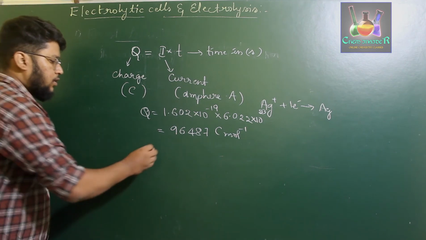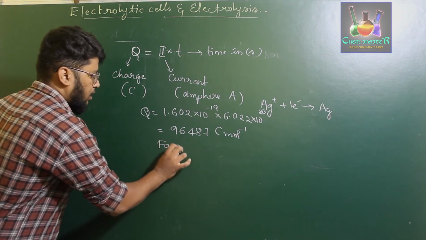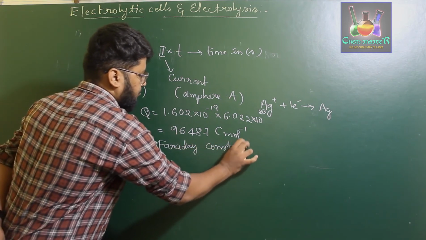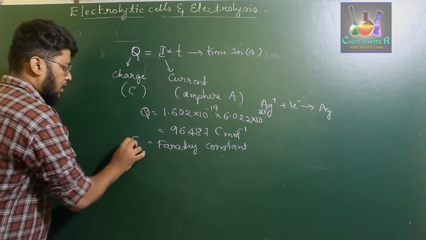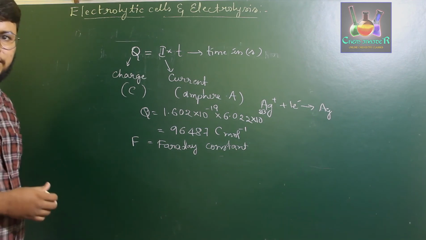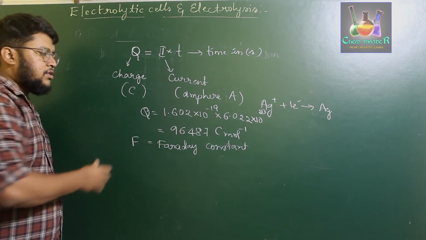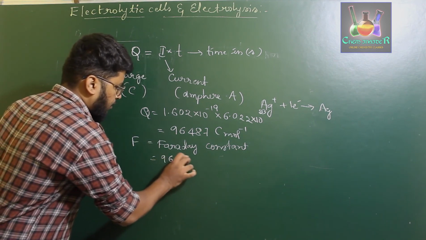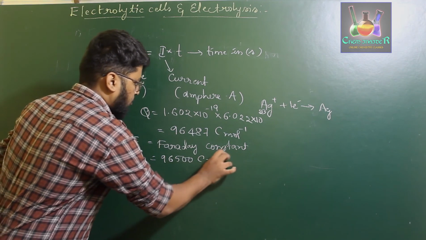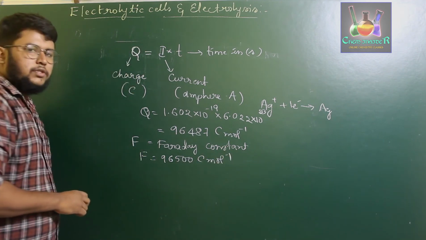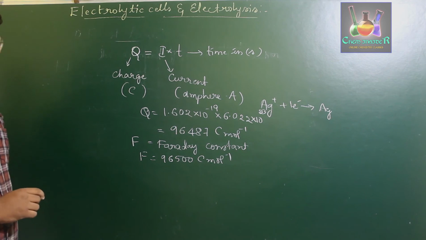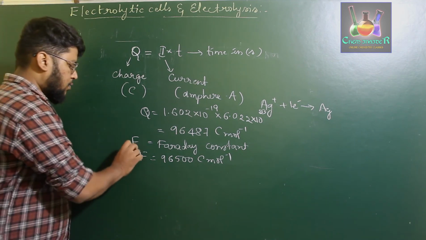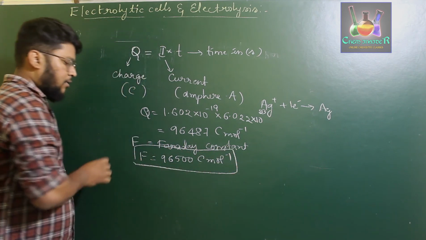This particular value is called Faraday's constant of electrolysis, noted by the symbol F. For mathematical calculation purposes, instead of writing 96,487, we round it off to 96,500 coulombs per mole. Faraday's constant F is taken as 96,500 coulombs per mole.